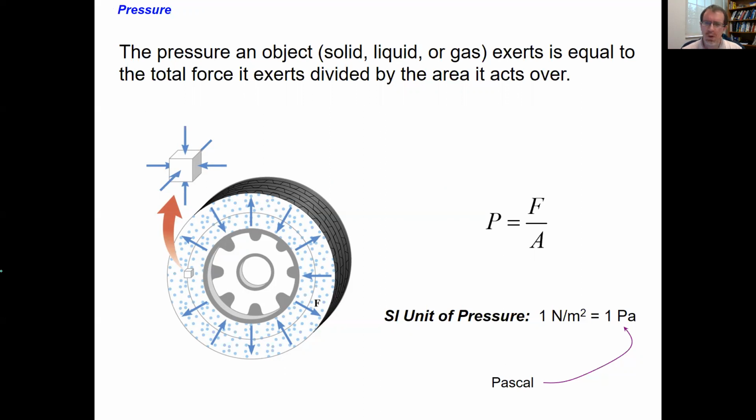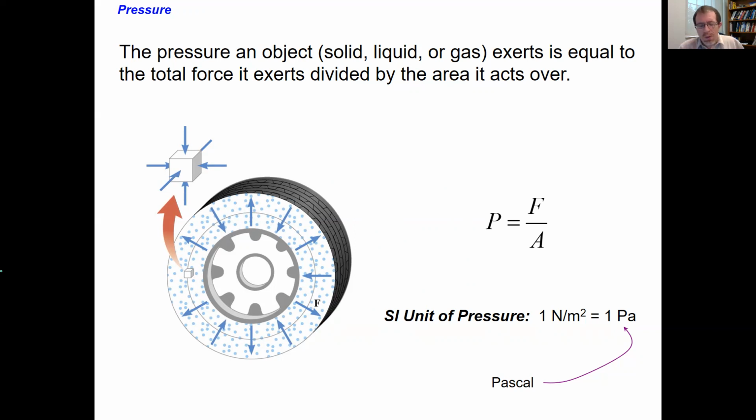Normally, when I bring up the word pressure, the unit that comes to mind is PSI, pounds per square inch, and we think about tire pressure. And that's certainly a legitimate unit for pressure. It just happens to be our unit here in the US, but the SI unit, the metric unit, is the Pascal.